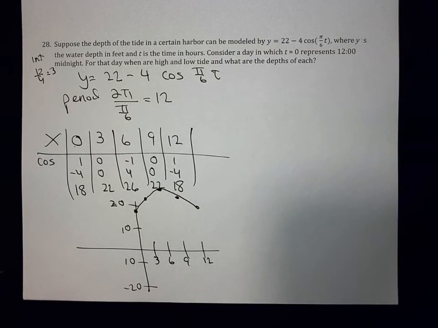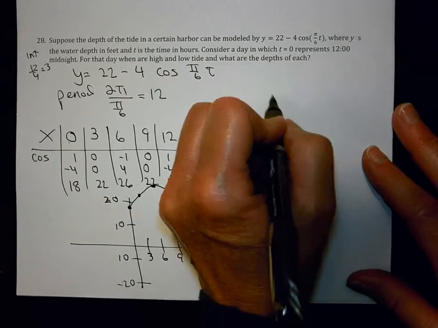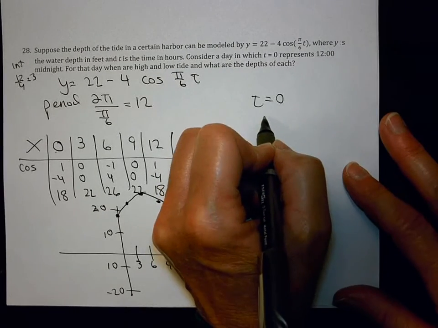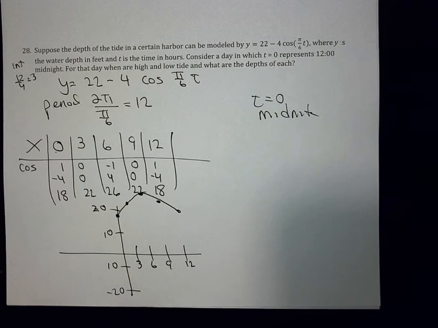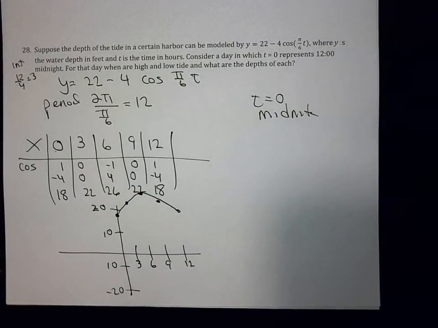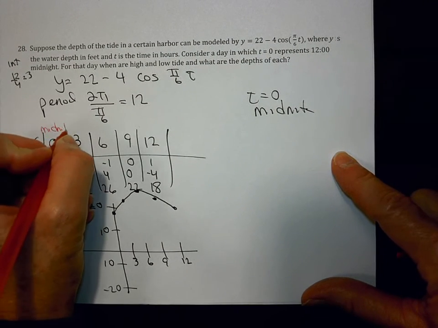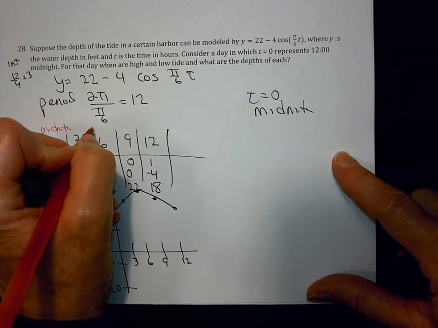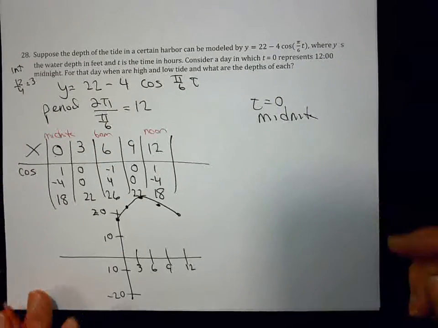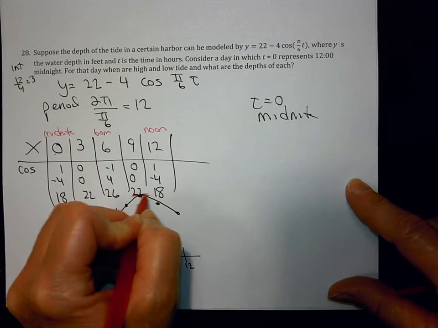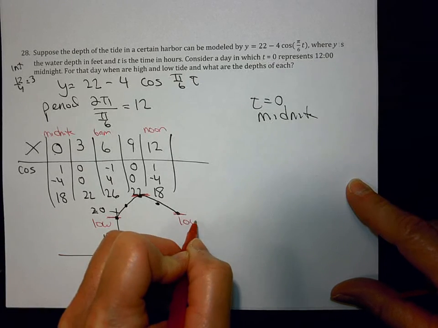So here's our graph. Okay, so it's a cosine graph. So now how you interpret the graph is, remember, t of 0 was supposed to be midnight. So that means this is midnight. Okay, this is 6 a.m. and this is noon. So what's happening for high tides, so this is my maximum, this is my minimum. So this is low tide and this is high tide.